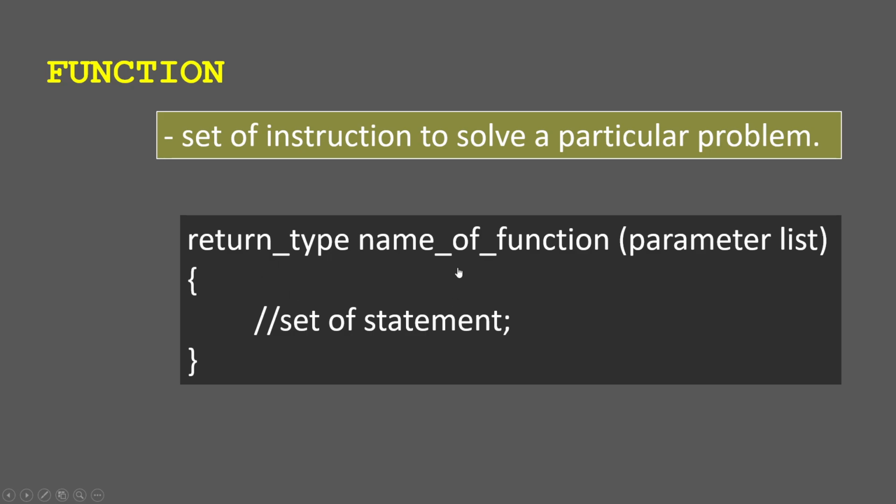Return type, function name, inside parentheses, we have some parameter list. This open and close round bracket are known as parentheses. Inside this, we have some parameter list and that is followed by the curly brackets. And inside the curly braces, we have some set of code that is the actual code that this function will execute.